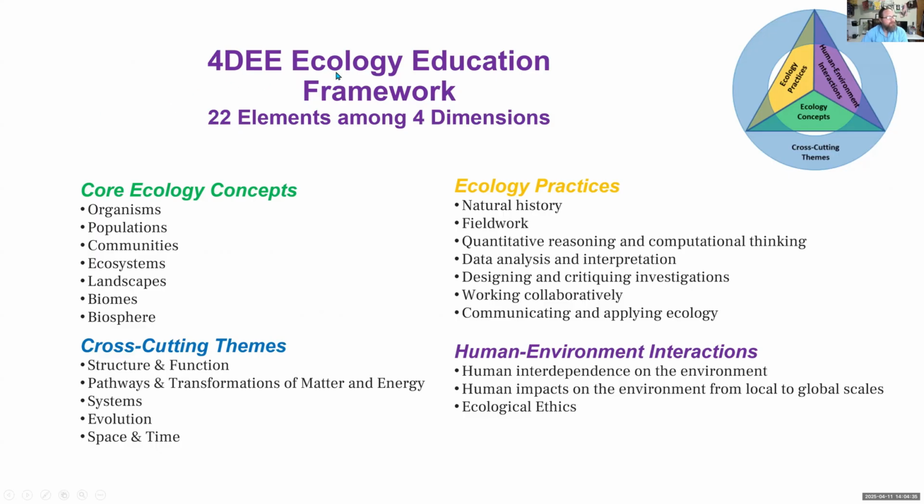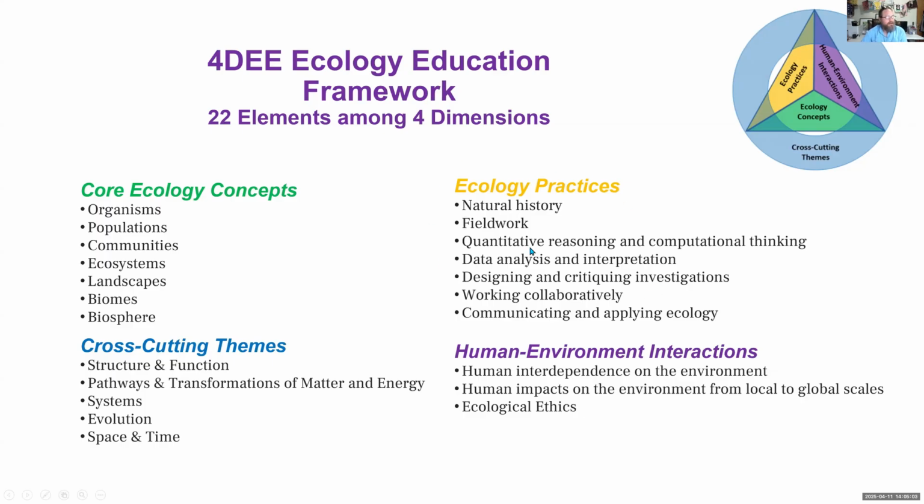The framework that's been adopted by ESA about 6 years ago is divided into 22 elements in 4 dimensions. Some of these may seem relatively familiar to you. The first one, core ecological concepts, if we consider ecology classes, is the classic organization of a textbook, right? Going from organisms to populations and to the biosphere. These are the basic foundational pieces of information and concepts that make up ecology.